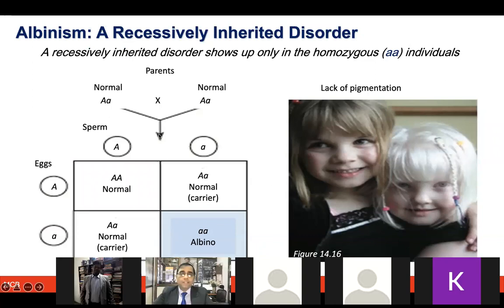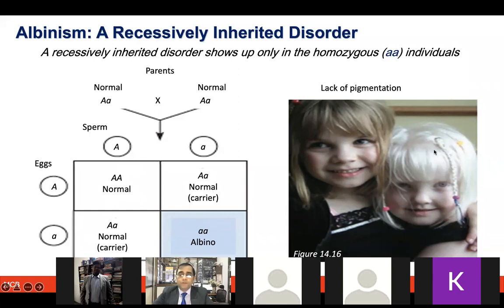So if you look at these normal parents with the heterozygous Aa, capital A, small a, and from their sperm and eggs, you do this cross. What you will observe is capital AA, capital A small a, the heterozygote, capital A small a, and small a, small a. So now one is a normal child, two are carriers, and one is albino.